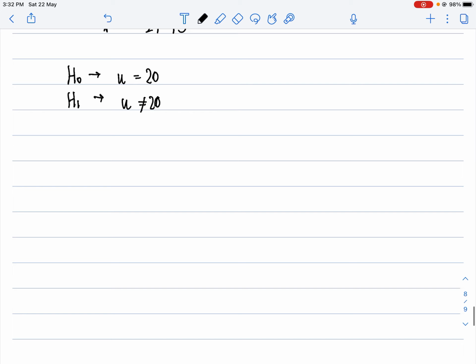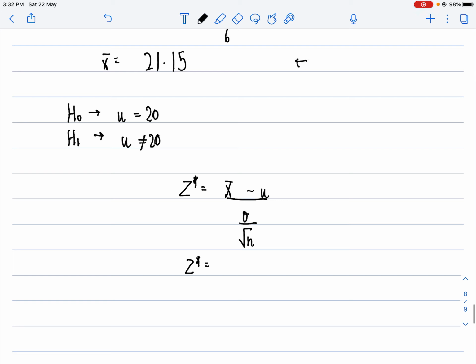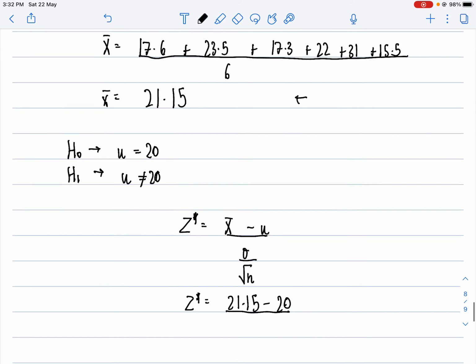Because I don't have my significance level, I'll first calculate my z statistic value, which is given by the formula: the value minus the mean, over the standard deviation over root n. I know my value is 21.15, which I calculated here, minus the mean, which is 20, over the standard deviation.